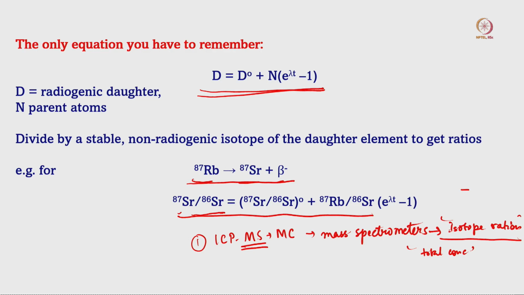Plus this 86 strontium is an example of a non-radiogenic or stable isotope, and it functions as a reference point.